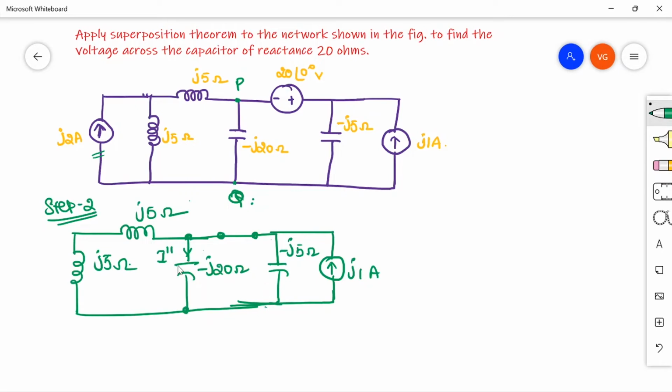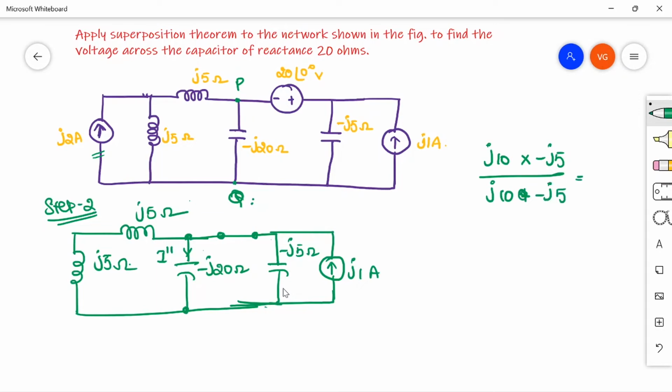As I have to find out the current in the minus j20 branch, I will make all the remaining impedances one branch. So j5 and j5 in series is j10, in parallel with minus j5. That is j10 into minus j5 divided by j10 plus minus j5.